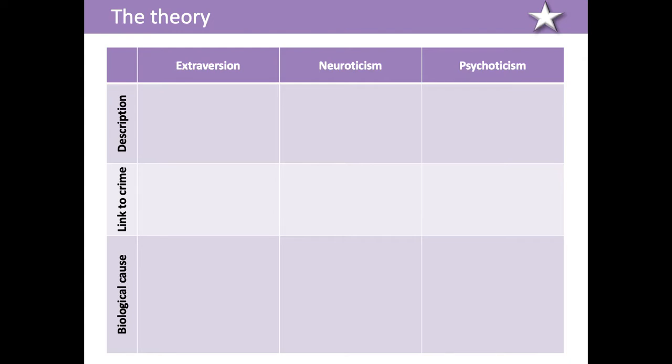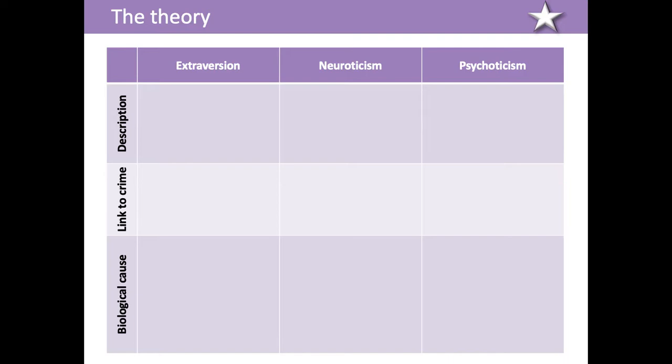So I've split it into three levels of what you need to know for each of the personality traits, from the description to how it links to crime to the biological cause. Absolutely everyone should be able to tell me what each of these personality traits means and hopefully how that can lead to criminal behaviour.